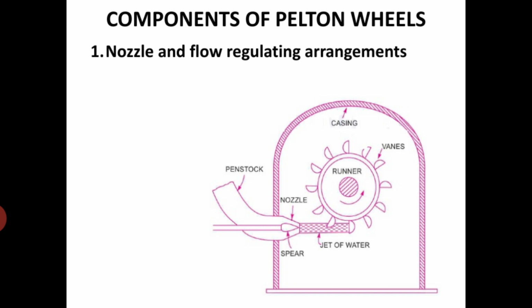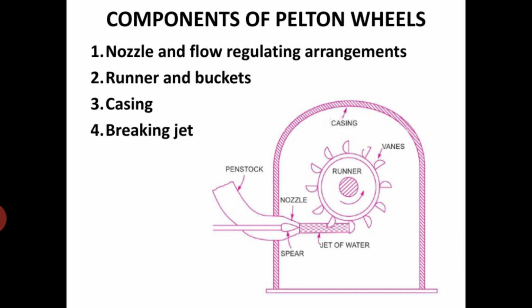The second component is a runner and buckets. This is the runner; the rotating part of the turbine is called the runner and bucket arrangement. The third part is the casing, and the fourth one is a braking jet.